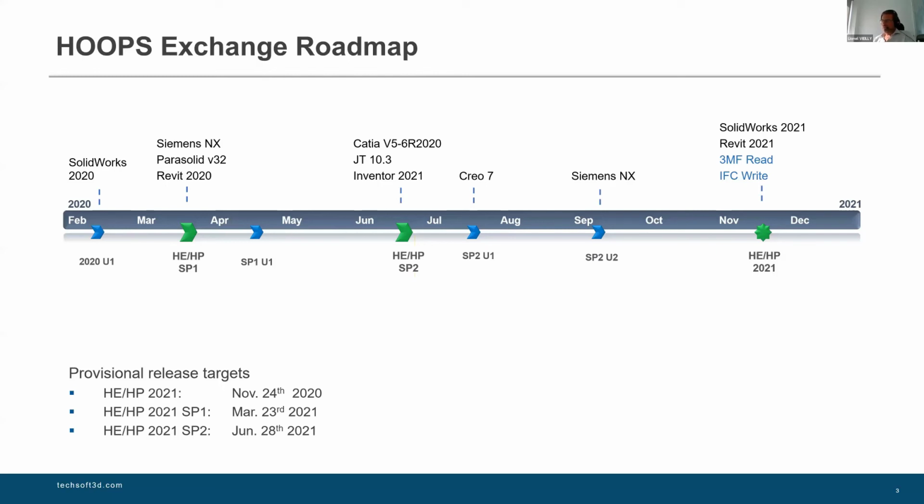And so for Creo 7, we were on time because Creo 7 has been released end of April, and with Siemens also it's the same because this version has been released end of June. And this is also thanks to some engineering efforts in terms of our team.